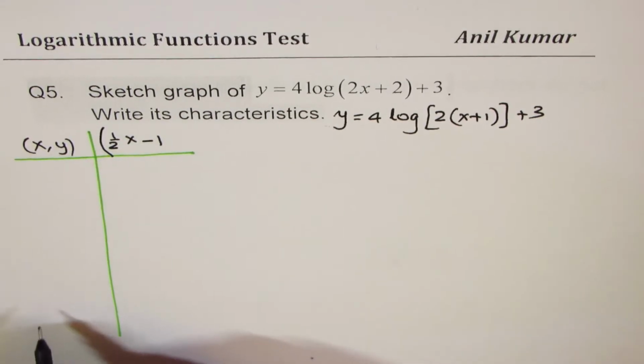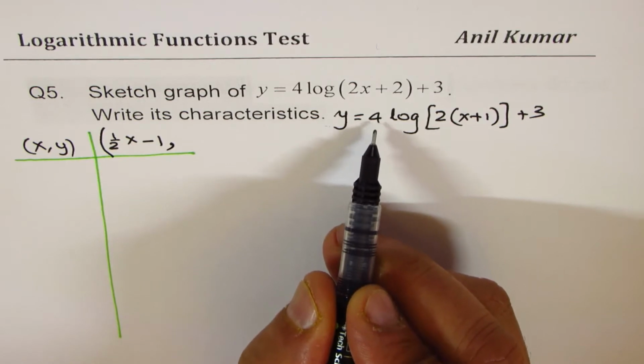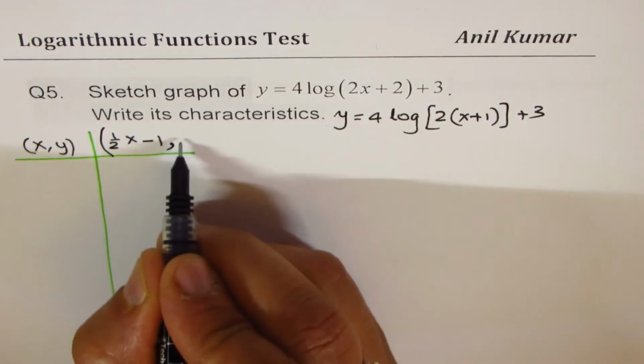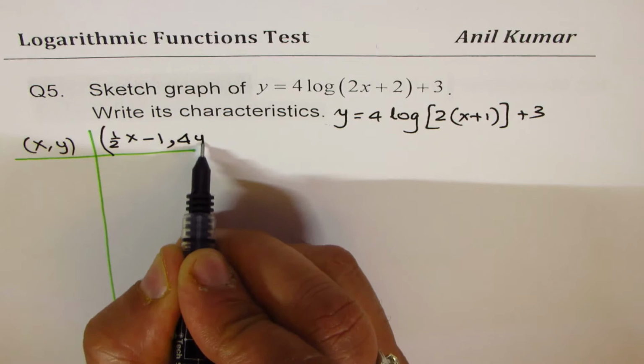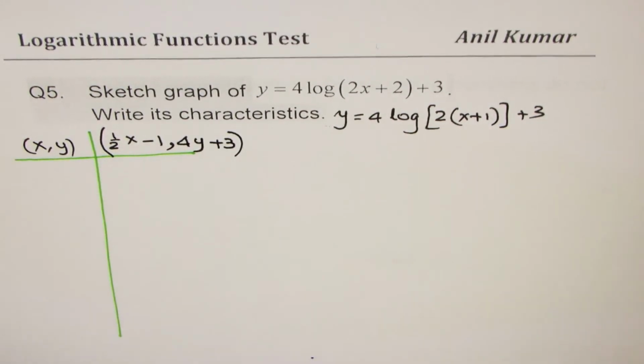That is how the x values will change. The y values will get vertically stretched by a factor of 4. So these y values will get multiplied by 4 and then you add 3 to it. Is that clear? So that is the transformation, right?